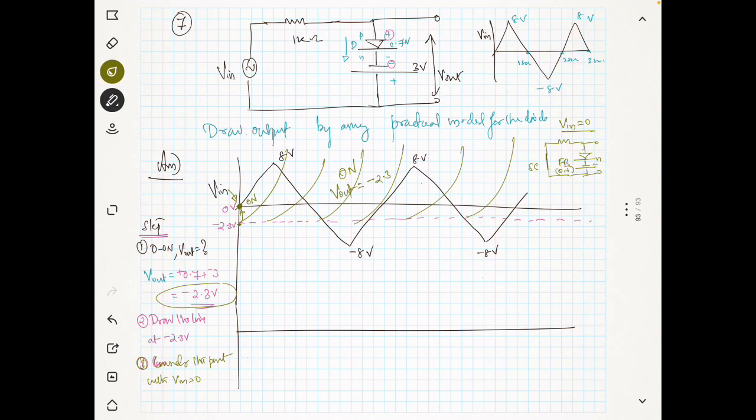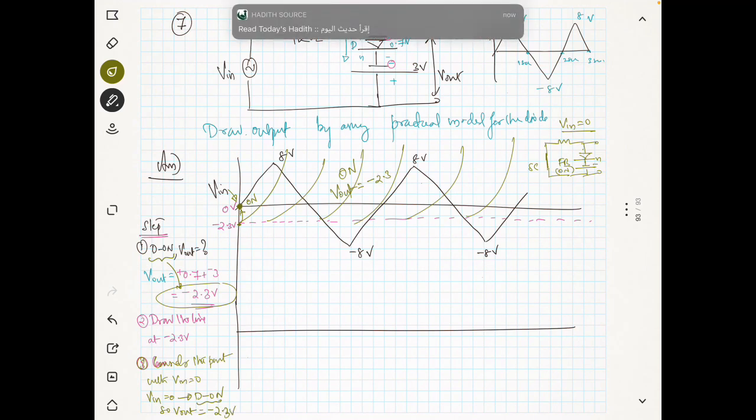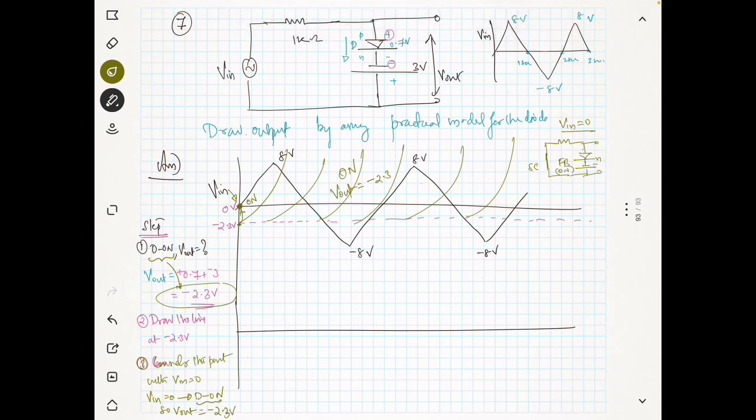So when V in is equal to 0, the diode is in on state, and V out will be minus 2.3, because when the diode is in on state, the output is minus 2.3. Now for all the voltage below the line, the diode will be in off state.